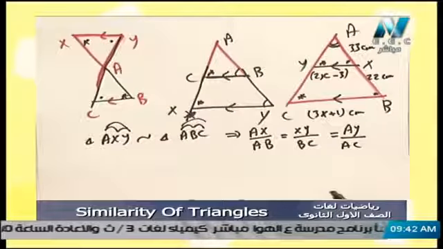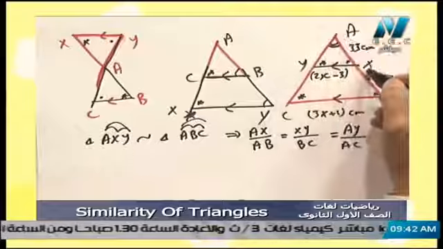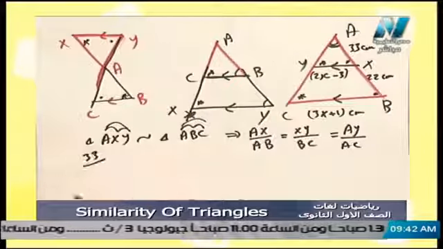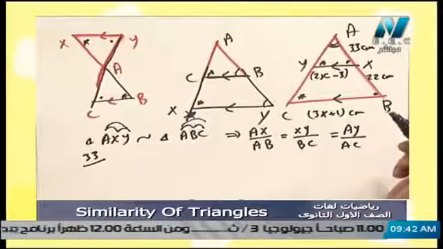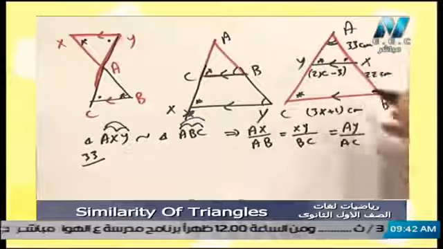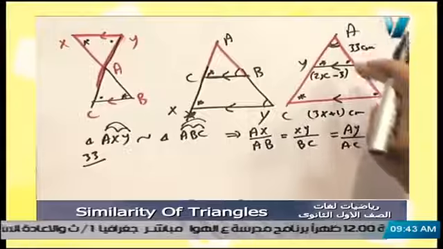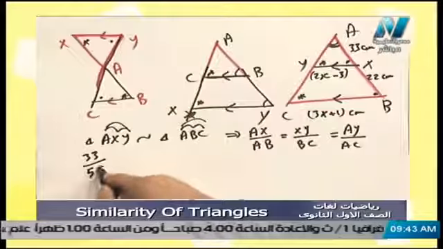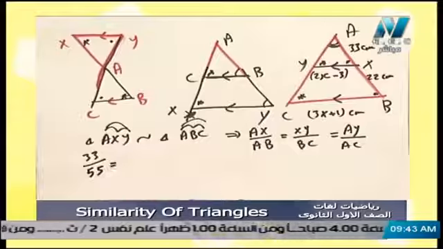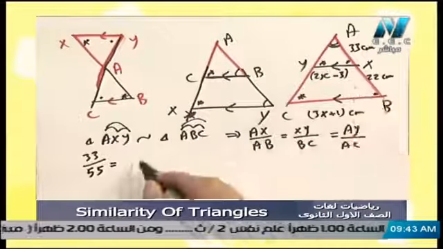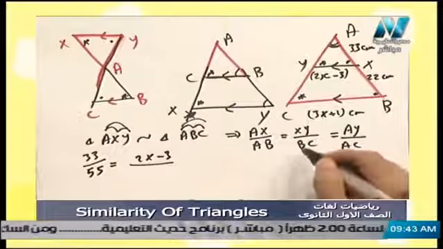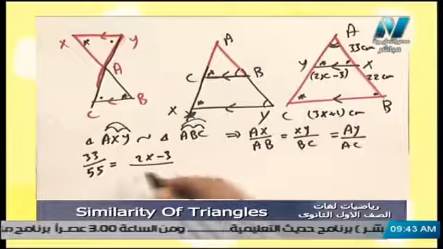What are the answers here? We have AX equal to 33, so write 33 over AB. AB here was the sum of 33 plus 22, so it's 55, equals XY, which is 2x minus 3, over BC, which is 3x plus 1.